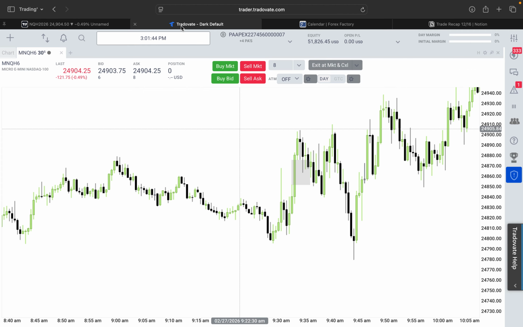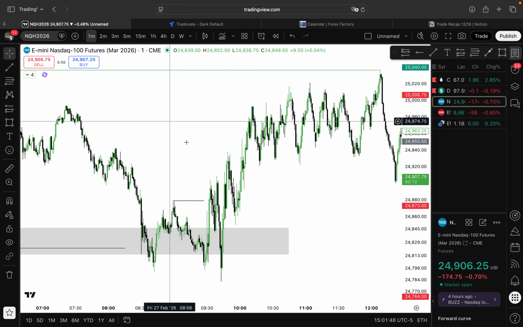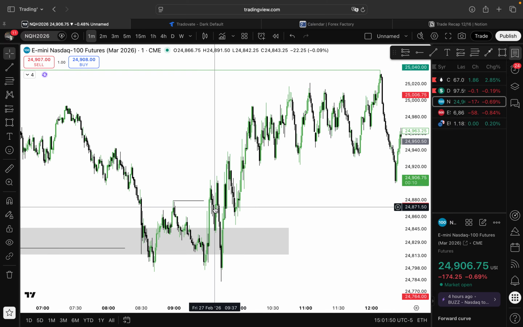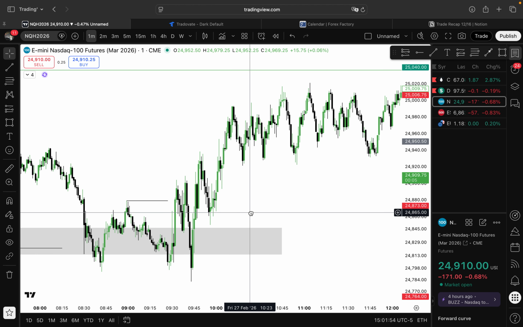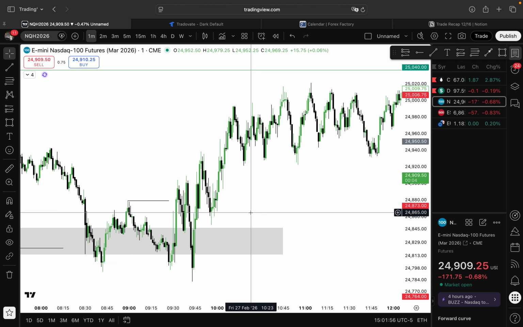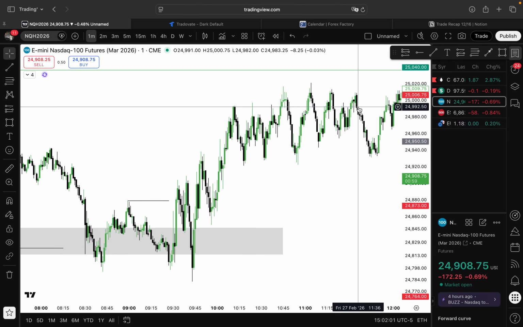On top of that, the 30-second closed, but the 1 minute didn't close. So when trading the inversion for value gap, some of you all may be wondering, okay, the 30-second closed, but do I enter on the 1 minute? In cases like this, and in general, it's best to wait for all time frames to close, unless it's a clear target of liquidity or you have a lot of conviction.